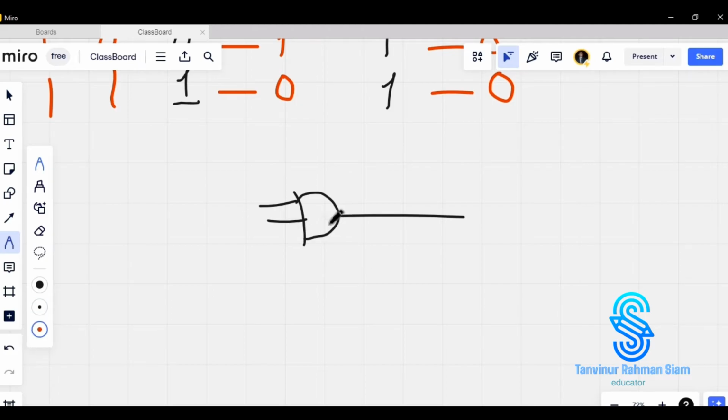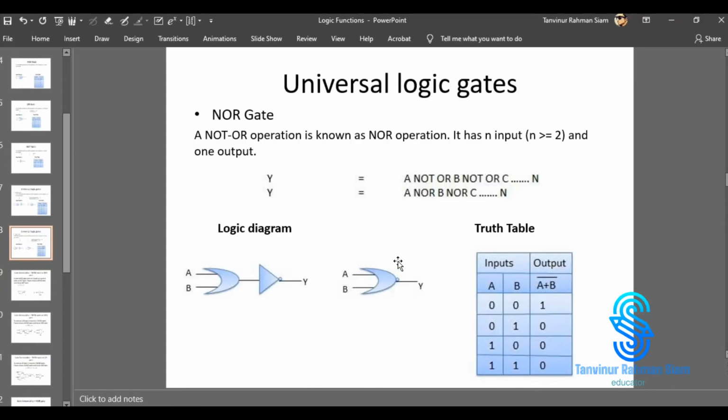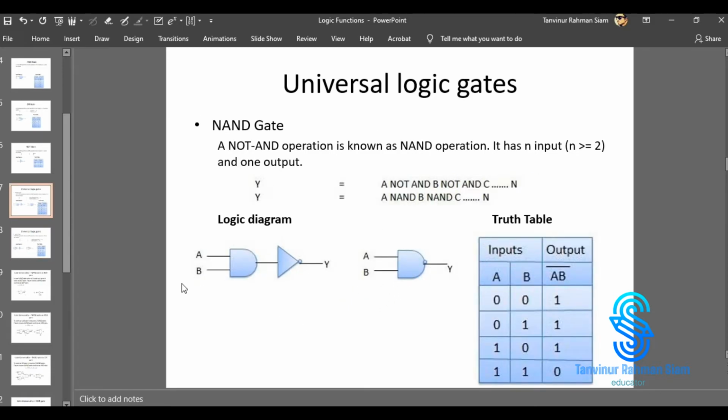The NAND gate is nothing but an unfilled circle beside the AND gate. So this is the NAND gate. And what is the NOR gate? The NOR gate is nothing but an unfilled circle in front of the OR gate. So see, you will remember this diagram for your exam or some interview.